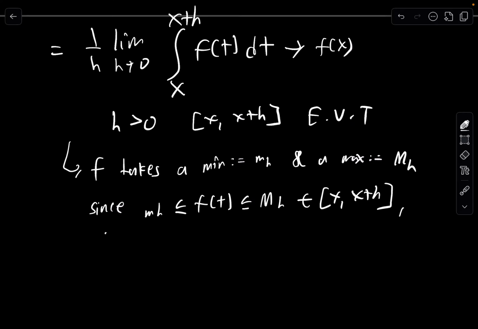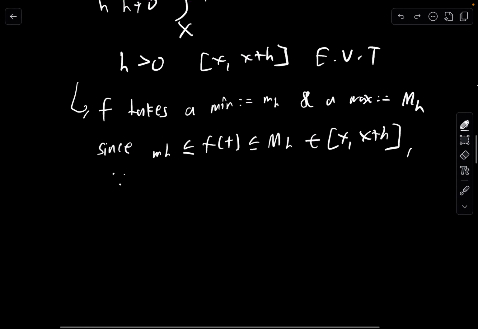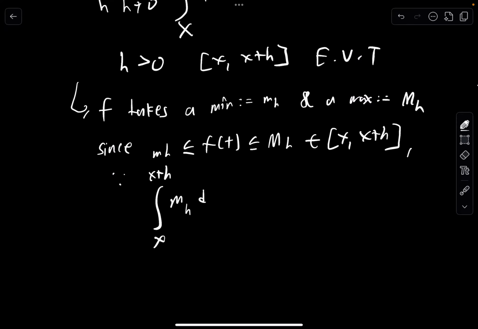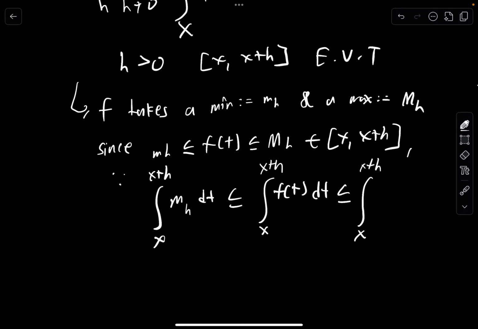Therefore, and that's the symbol for therefore, when we take the definite integrals on this interval, we're going to have the integral from x to x plus h of the minimum value m_h dt must be less than or equal to the integral from x to x plus h of f of t dt, which is also less than or equal to the integral of the maximum.